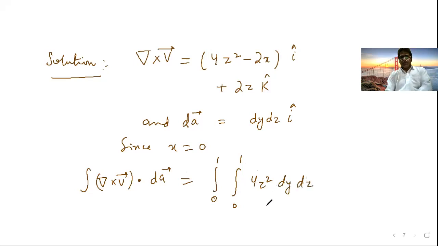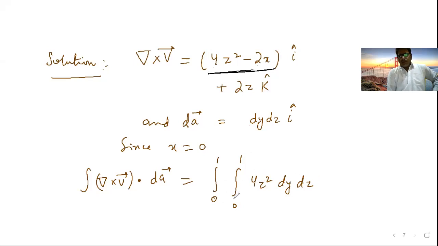How? See, I have to dot curl of V with dA. dA has an x component. What is the x component of curl of V? The x component of curl of V is 4z² minus 2x. So actually it will be (4z² minus 2x) dy dz.